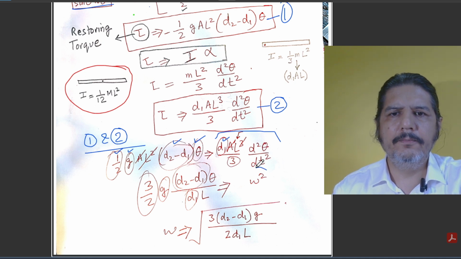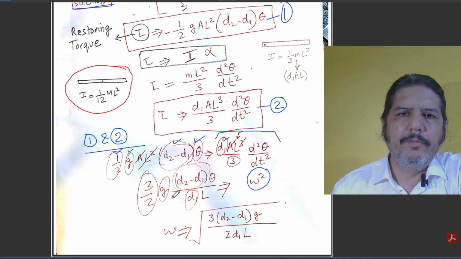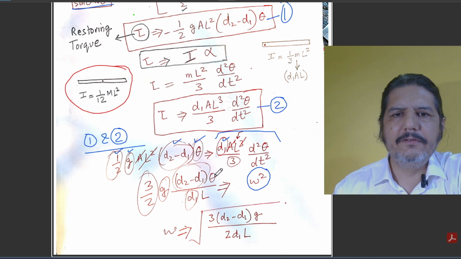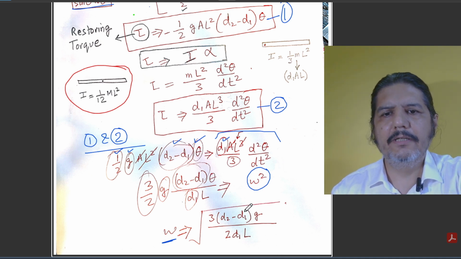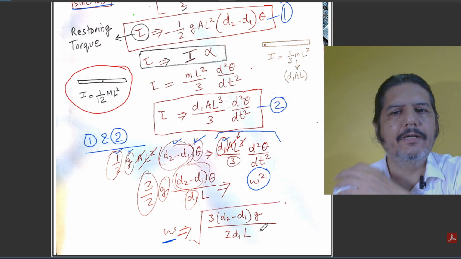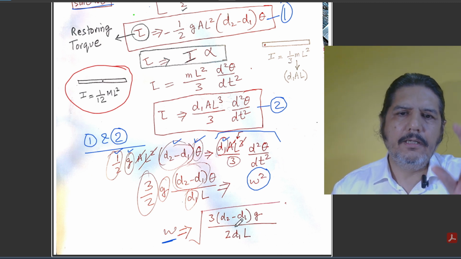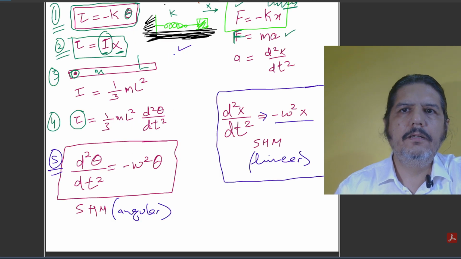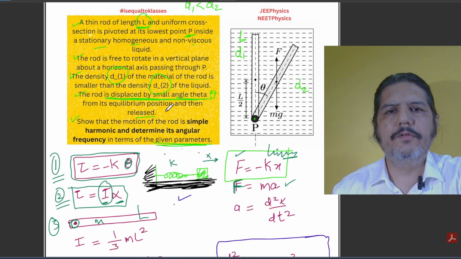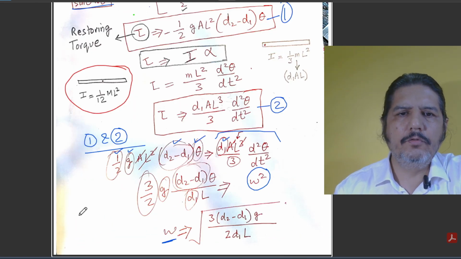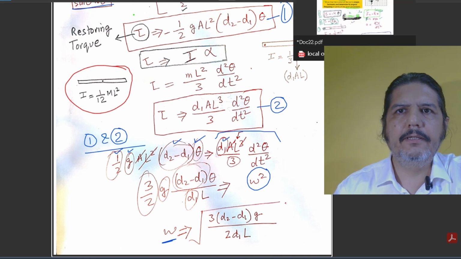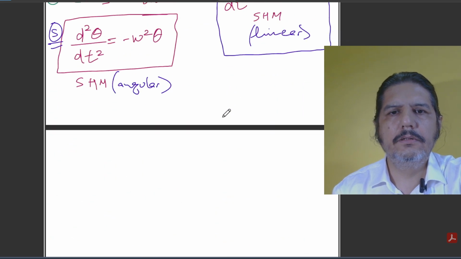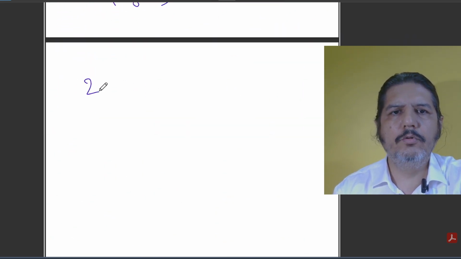Omega square would be equal to 3 by 2 g (d2 minus d1) theta upon d1 l, and therefore omega is equal to the square root of 3 (d2 minus d1) g upon 2 d1 l. So this is my omega, because they are asking me the frequency, so I can write 2 pi f.